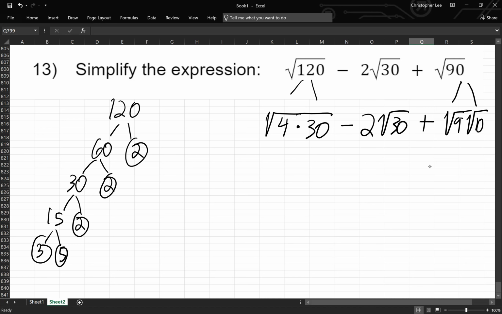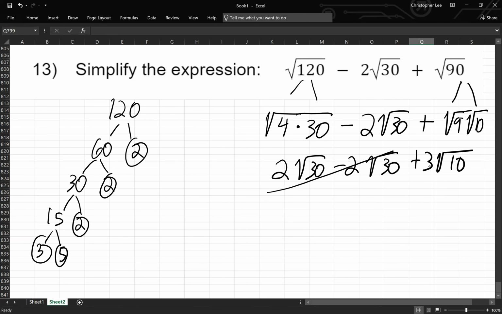And then let's do the math on this. This becomes 2 square root 30 minus 2 square root 30 plus 3 square root 10. These two will cancel out, leaving 3 square root 10. Questions on that?